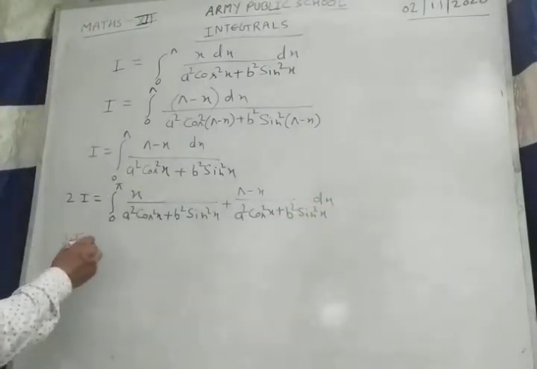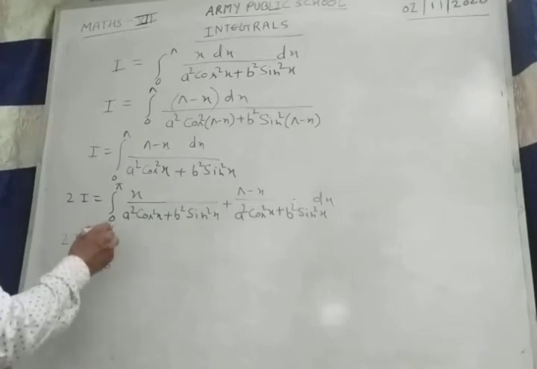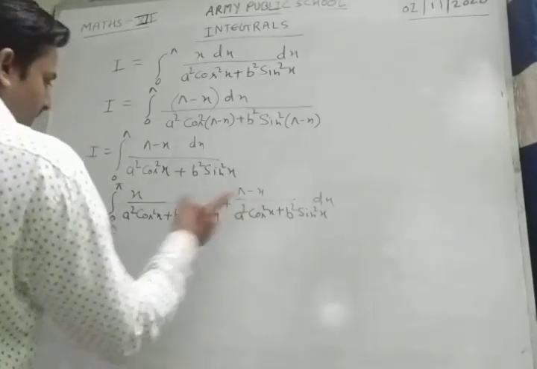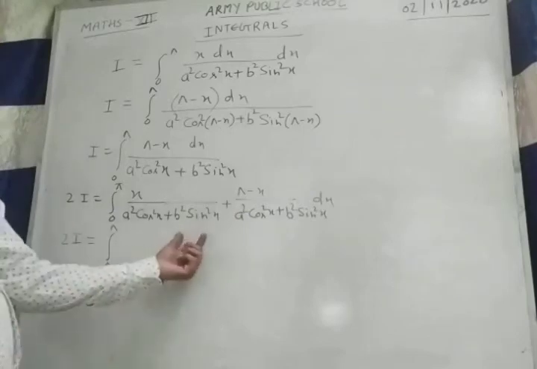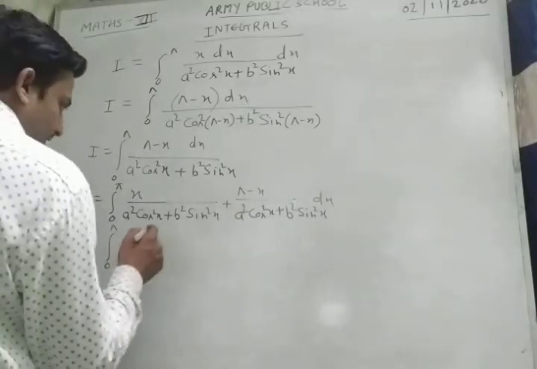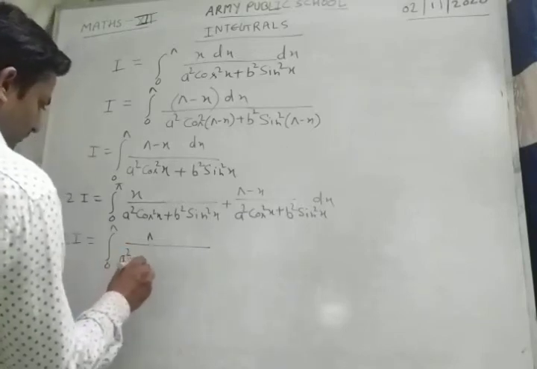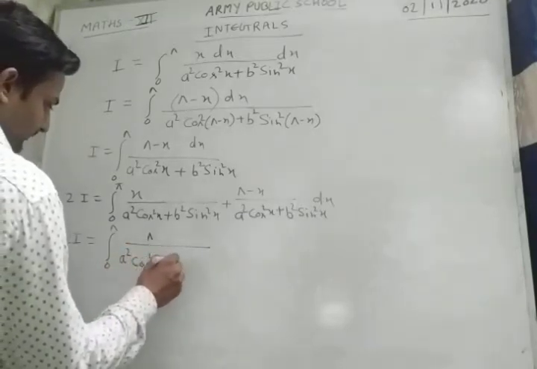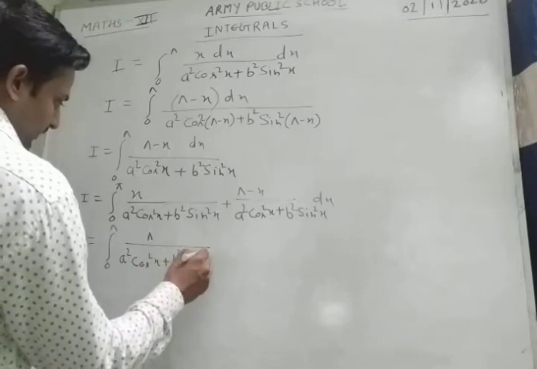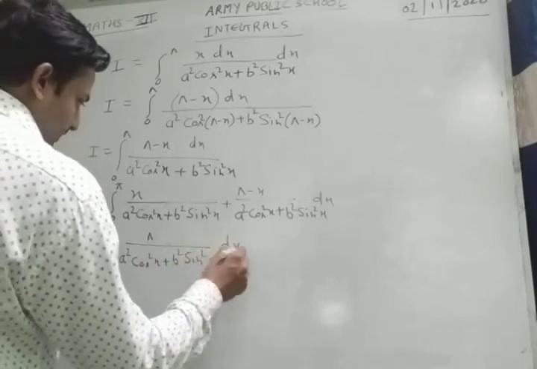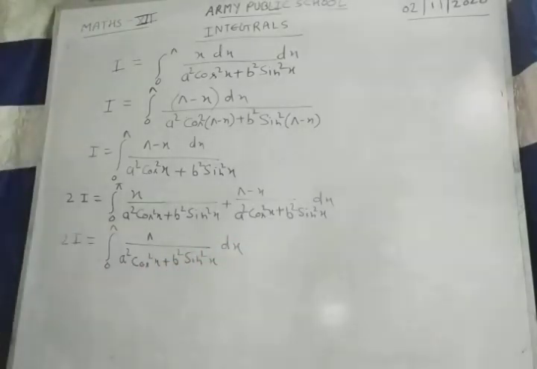So 2I is equal to integral from 0 to pi. After adding this, we see that the denominator is the same, so we write pi by a square cos square x plus b square sin square x dx. Okay.